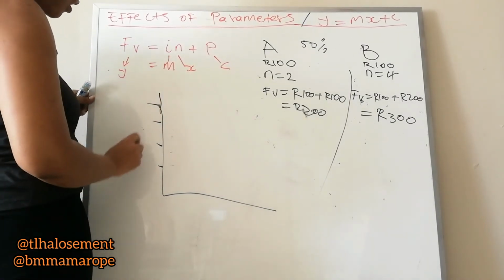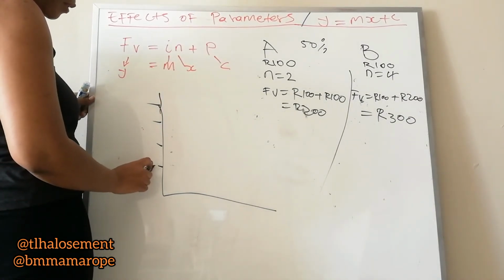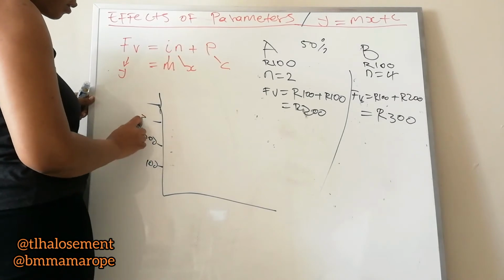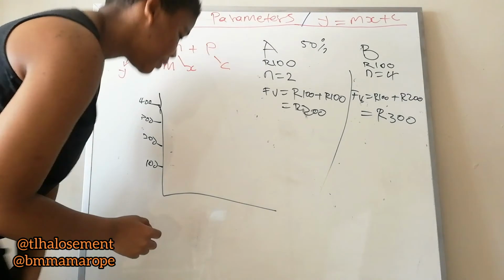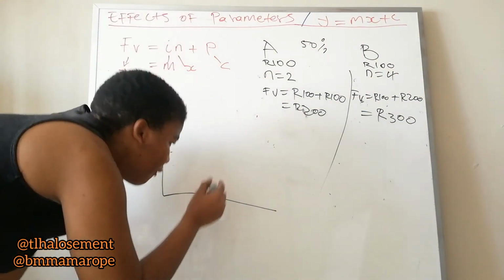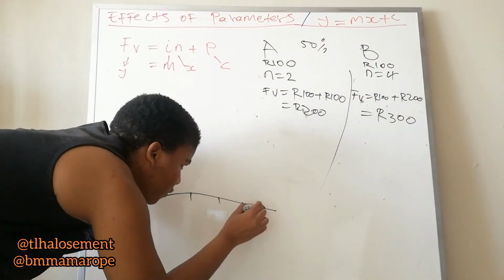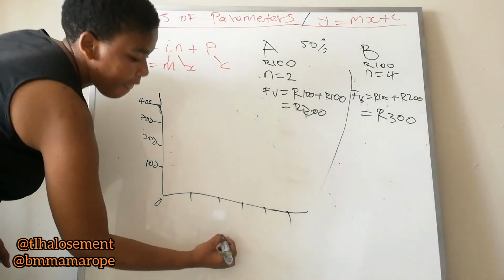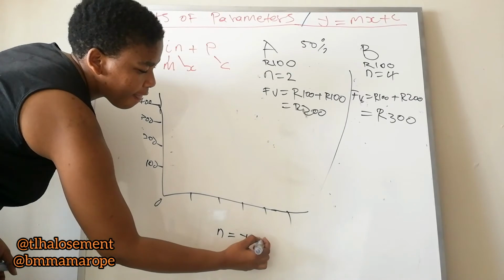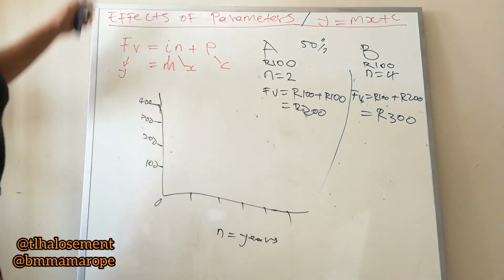So to graphically represent this, I'm gonna say 1, 2, 3, and 4. So money in rands over years. So I have 4 years there, 1, 2, 3, 4, 5. Right.